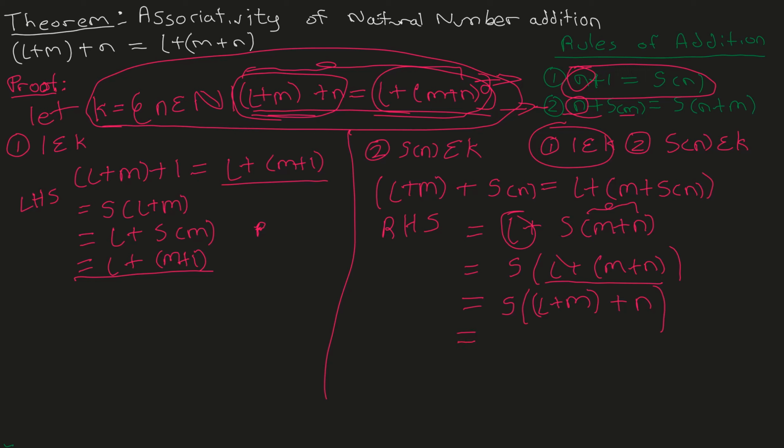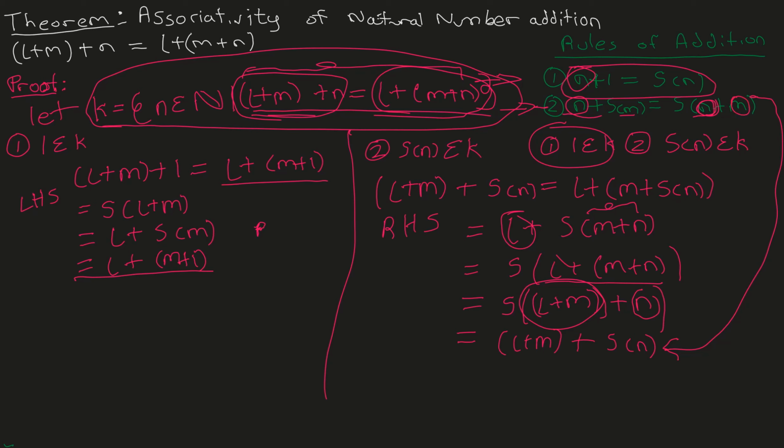Now this is just equal to (L + M) + S(N). We get this from the second property of addition. I hope you see how we're getting this, because we're replacing the n term here with the L + M term, and the N over here is the M over here.